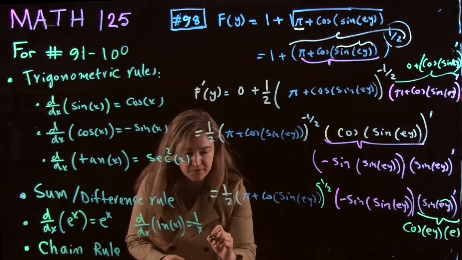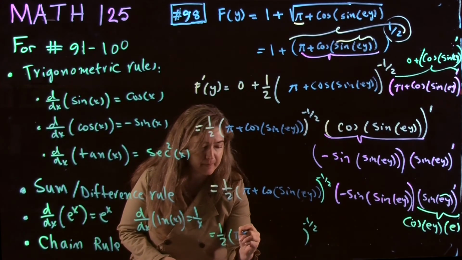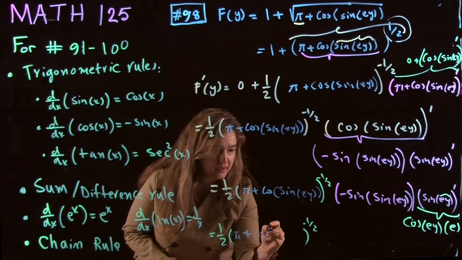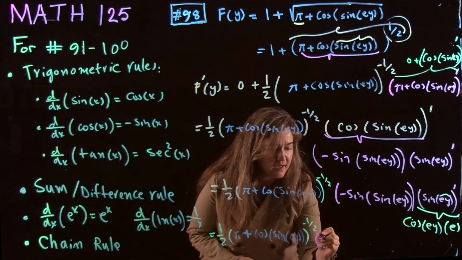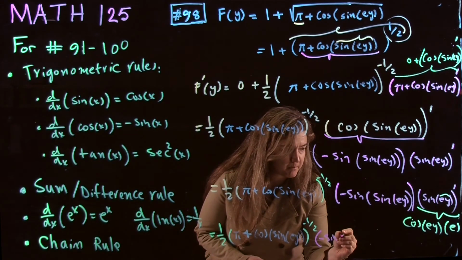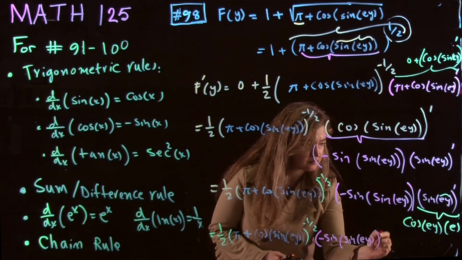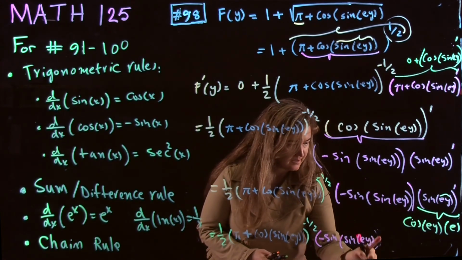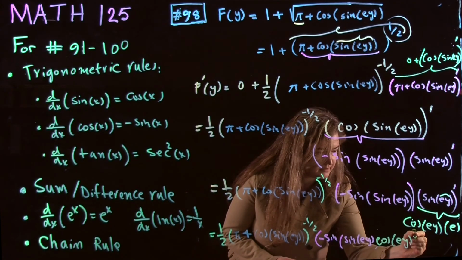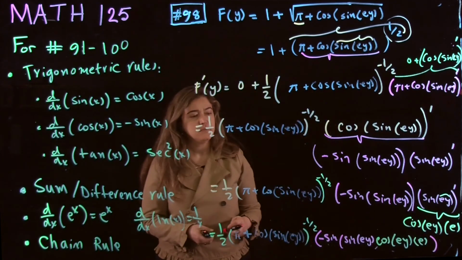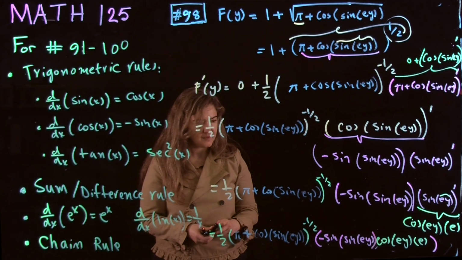Rewriting this entire thing, it's going to be 1/2, the derivative of the very outside function, times the derivative of the inside function, times, and this was part of that, cosine ey times e, and we get to close it.